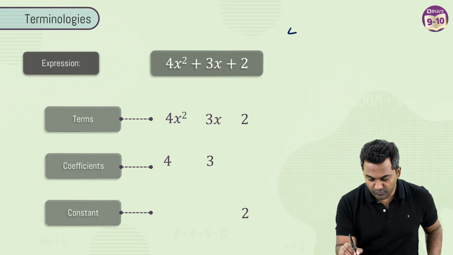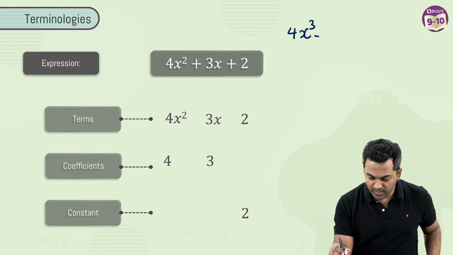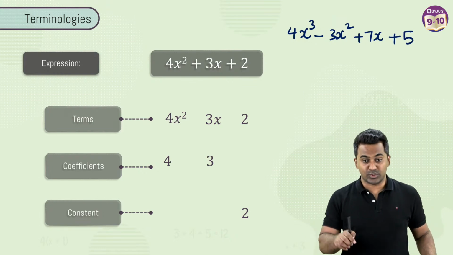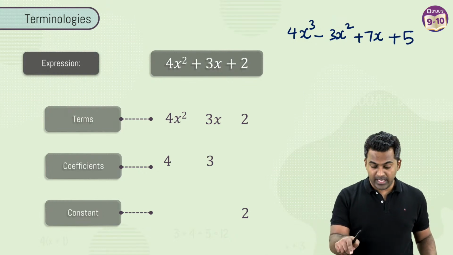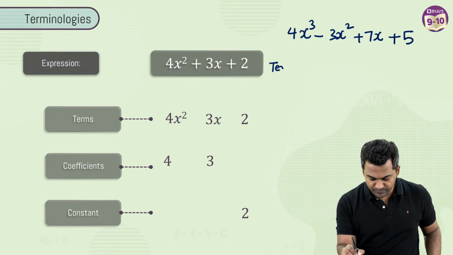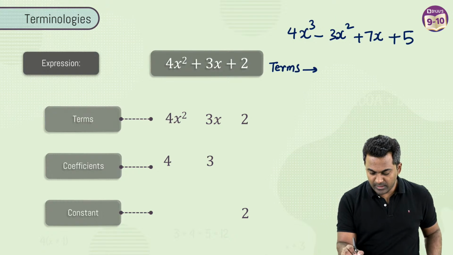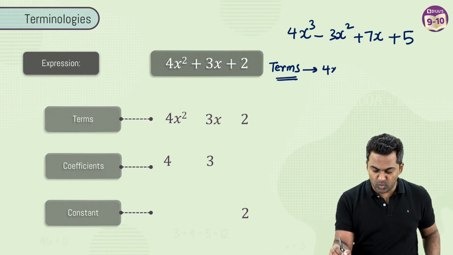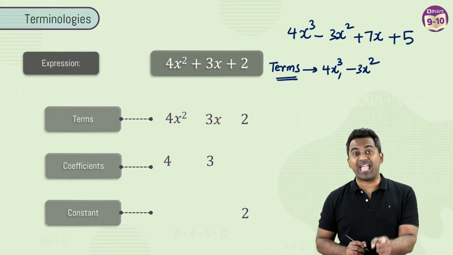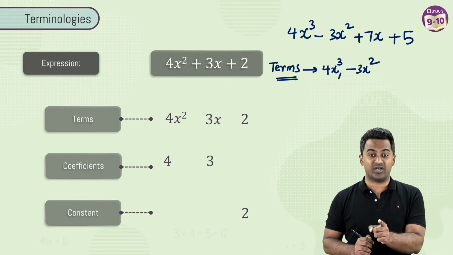Check this out. 4x cube minus 3x square plus 7x plus 5. All right. So this is my example now. Okay. So how many terms are there? What are the terms? Terms, I'm writing it down here. Terms are going to be 4x cube is the first term. Minus 3x square is the second term.